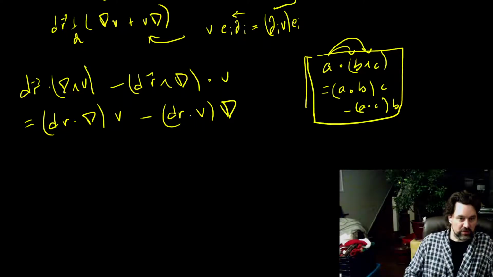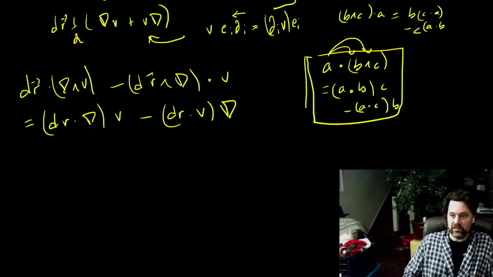And we have some more terms. Just like if we have here b wedge c dotted with a, that is going to be b a dot c minus a dot b c.